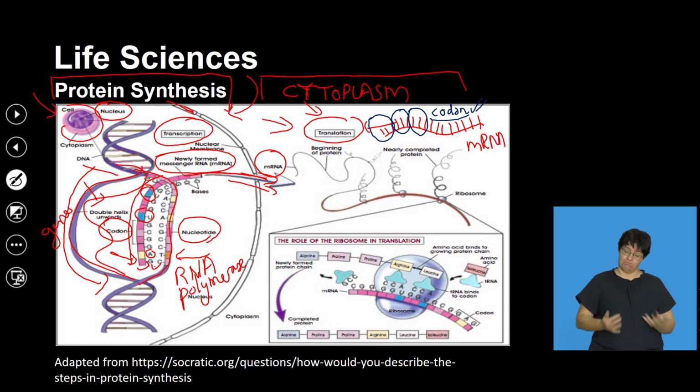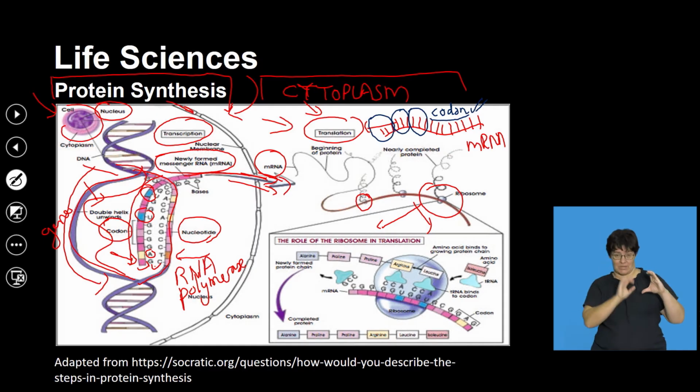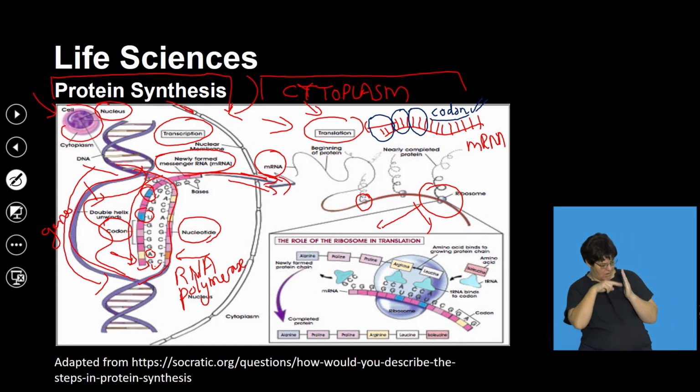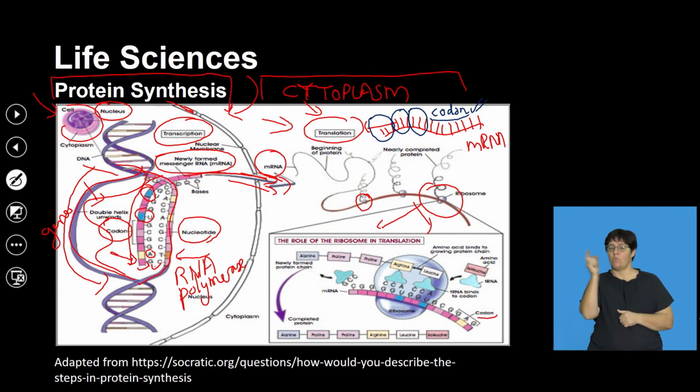Right, so the mRNA leaves, moves into the cytoplasm, and in the cytoplasm you have these structures called rRNA molecules. As you would see them, these are called ribosomes, which I've now further enlarged in this image. The ribosome is going to read the mRNA in specific sequences called codons.